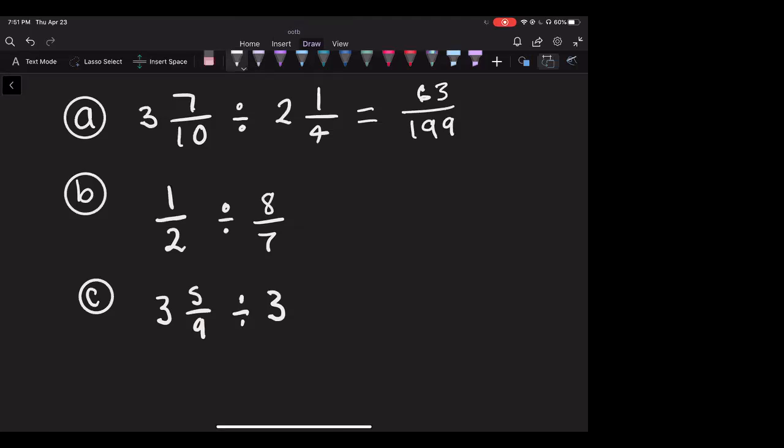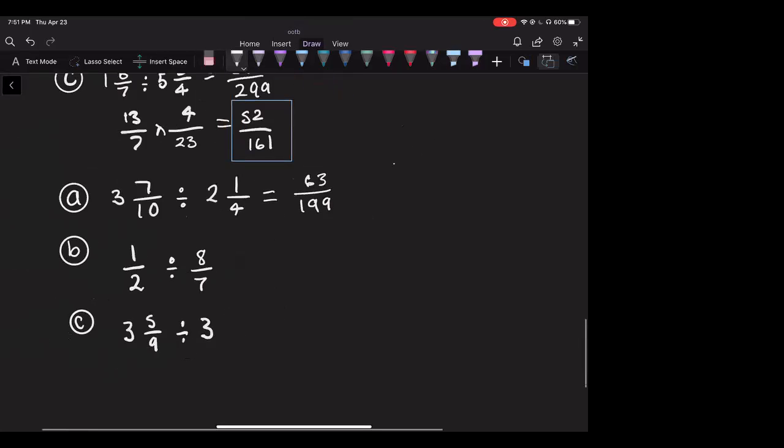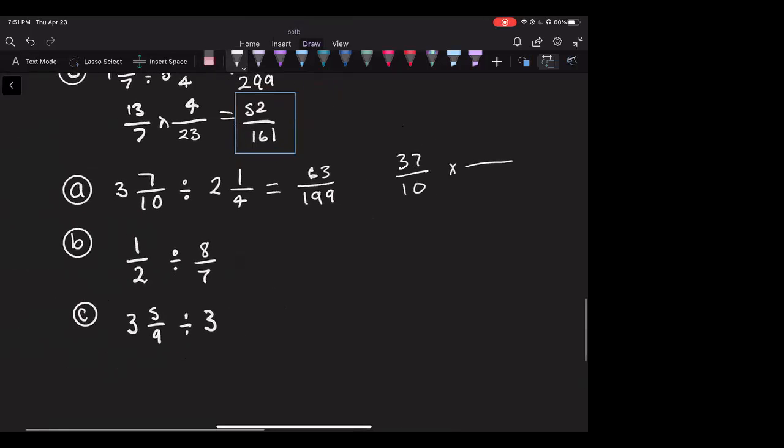Okay, let me try doing it. 3 times 10 plus 7. So the first step is 37 over 10 times, it's going to be 5 over 4, right? Is that what you did?